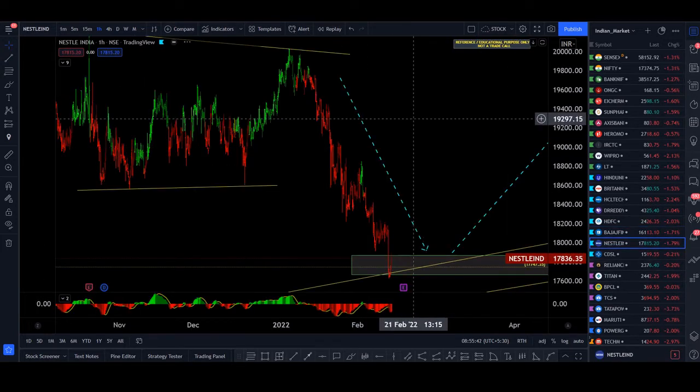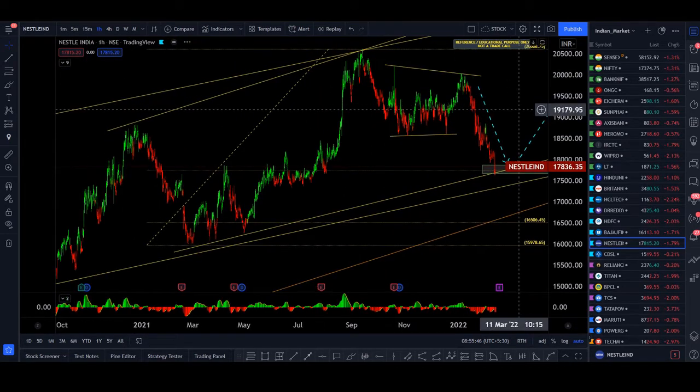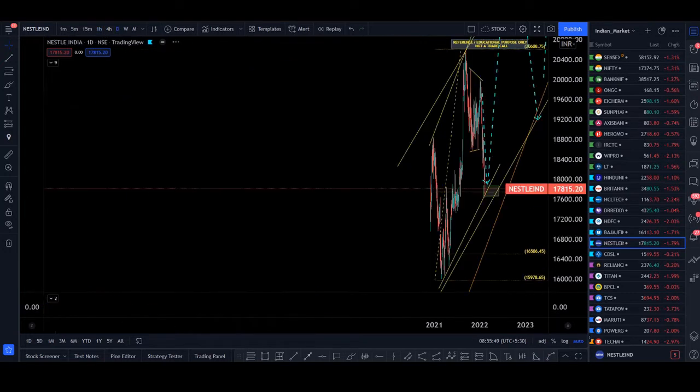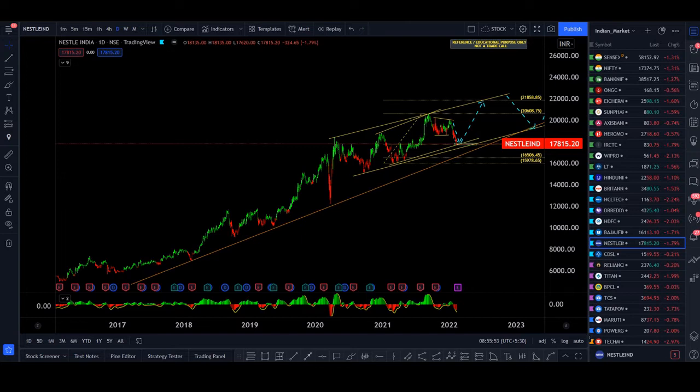Go to Nestle India, similar setup. So it is on a daily, if you can see, it's pretty much the same. It is impulse, it is A, it has done an internal ABC for a completion of B wave, and then this completes the entire structure for further up, but we will be trading this setup if it breaks out.